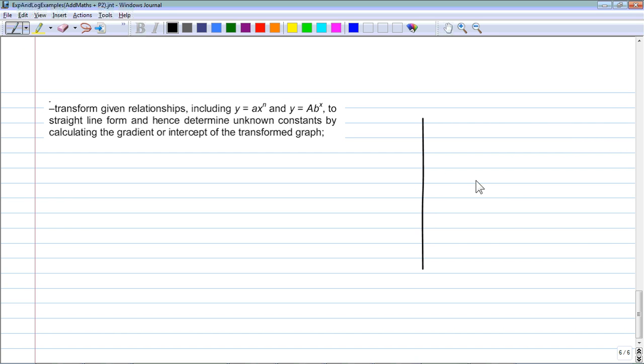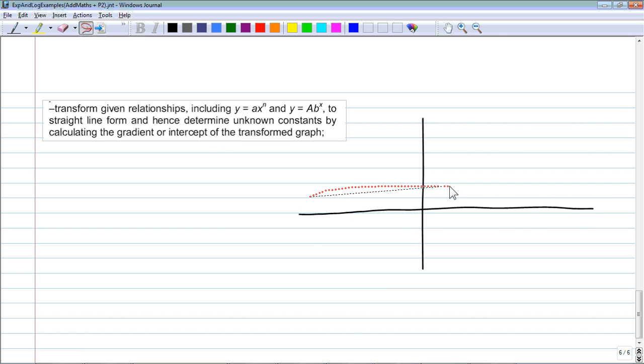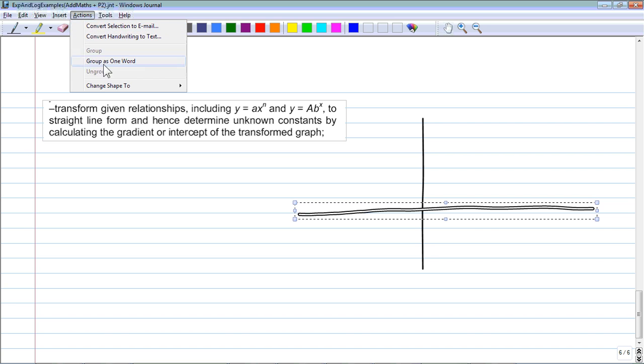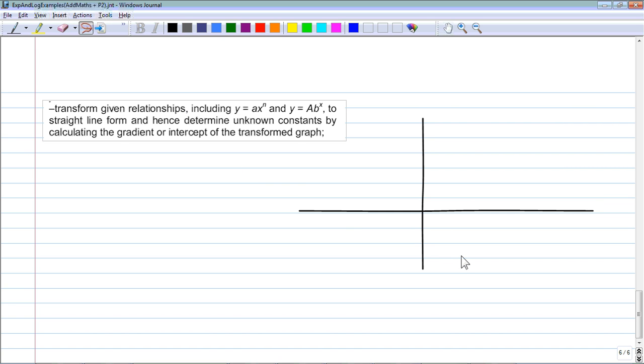Maybe somewhere like, now let me think about this, probably like that. Okay, so I'm looking now at two kinds of graphs. The first graph is ax to the n, so obviously this is usually going to be a curve, right?